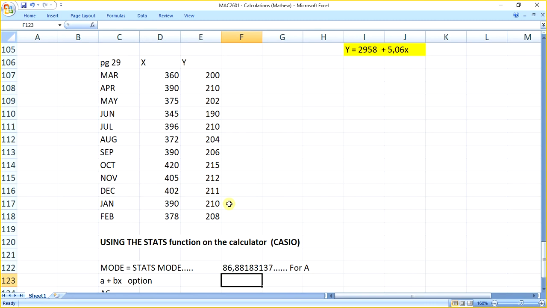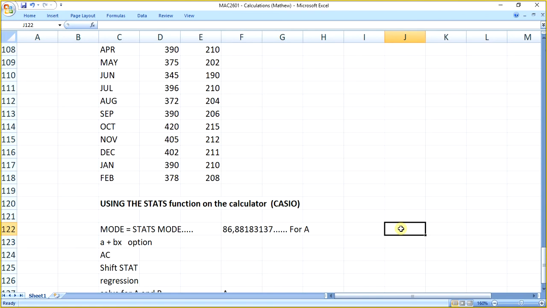Their decimal's incorrect. Do you see that? I think they might have made a typo, an error with the working here. Yeah. Because they've got this in your textbook, 868, comma 824. So I think they've made a mistake with the decimal. Just the decimal, but the number looks right.